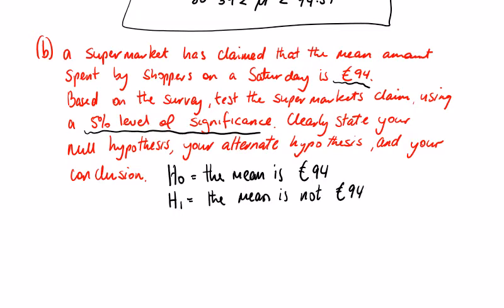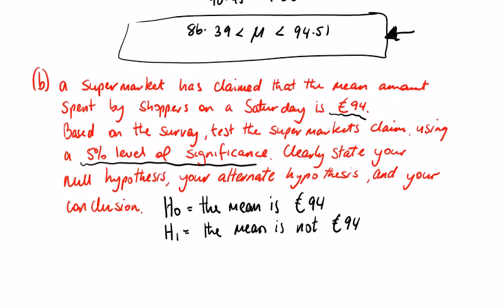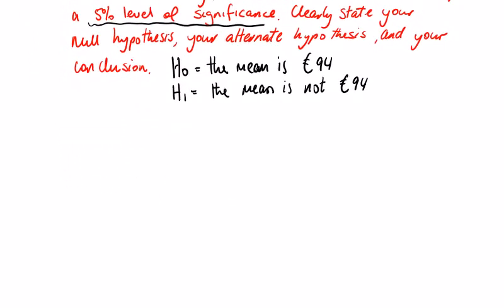So there's a couple of different ways to do this. We could have looked at the confidence interval here. If we use this confidence interval, we can see that €94 is inside that interval. But let's do it using some more maths. Let's look at what we're testing against the average and dividing by standard deviation over root n.